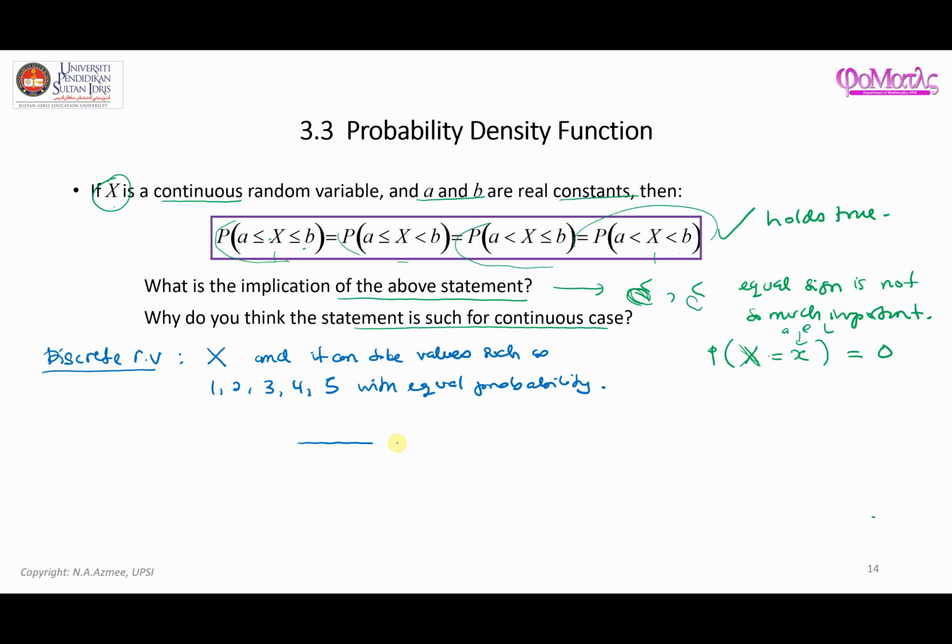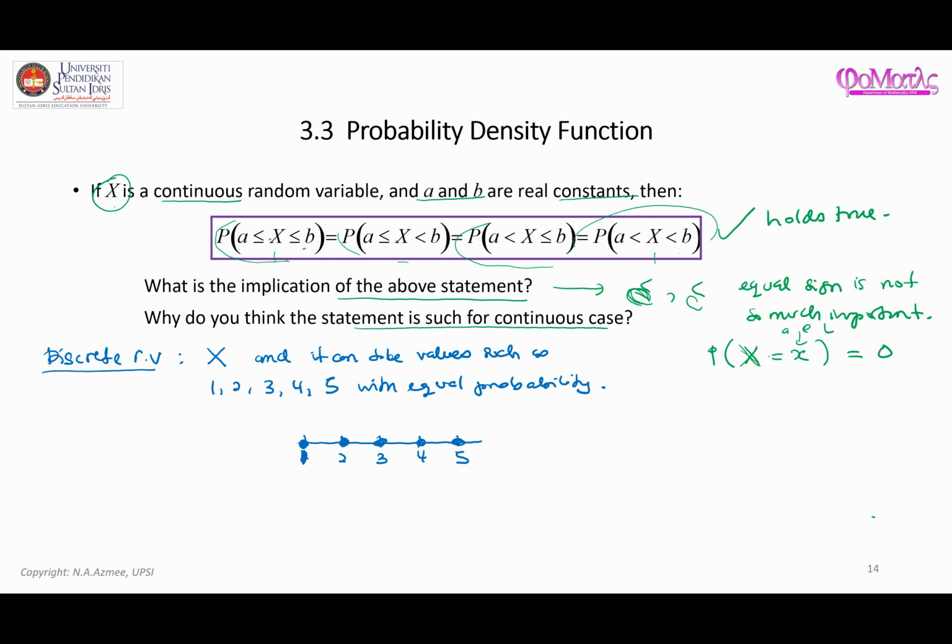You have a real number line here, so we've got 1, 2, 3, 4, 5. So x is going to be either this value or this one or this one, this one, and this one.